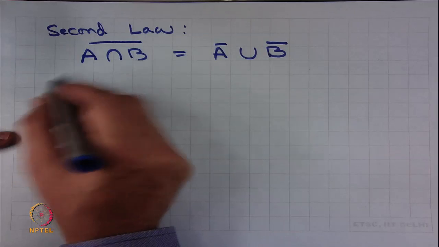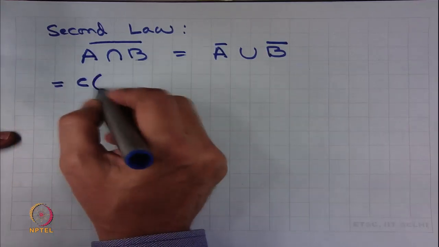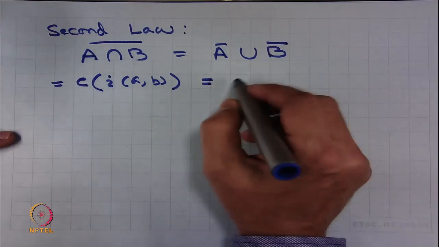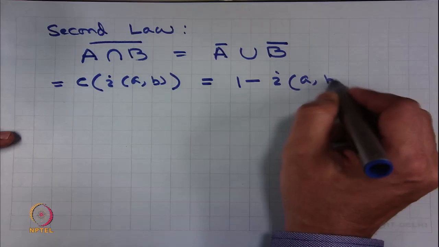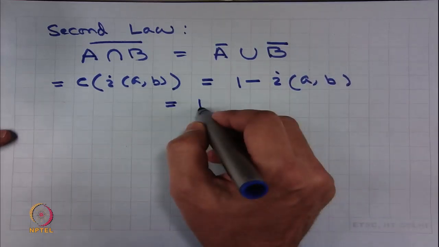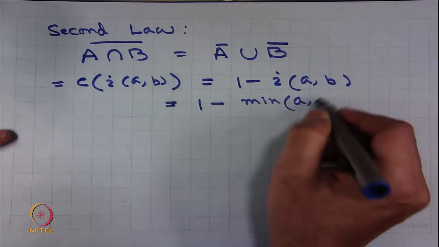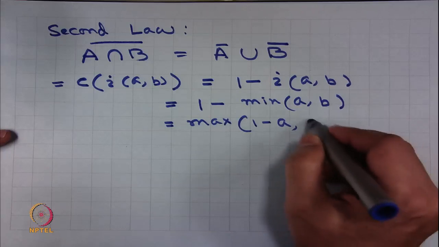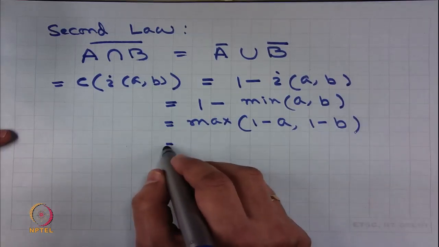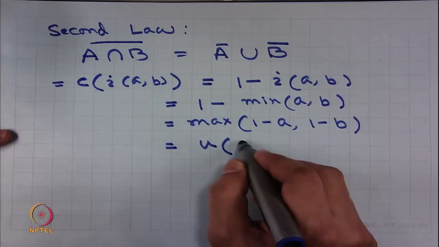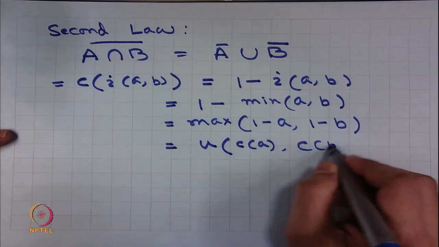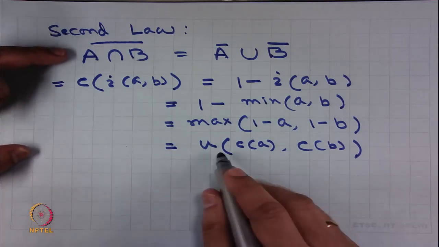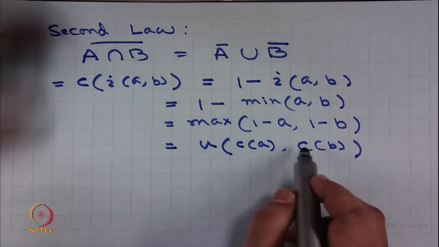So, this we write as C of I of A comma B, which is equal to 1 minus I of A comma B, which is equal to 1 minus minimum of A comma B, which is equal to maximum of 1 minus A comma 1 minus B, which is equal to union of complement of A comma complement of B. Therefore, we establish that (A intersection B) complement is actually union of complement of A and complement of B.